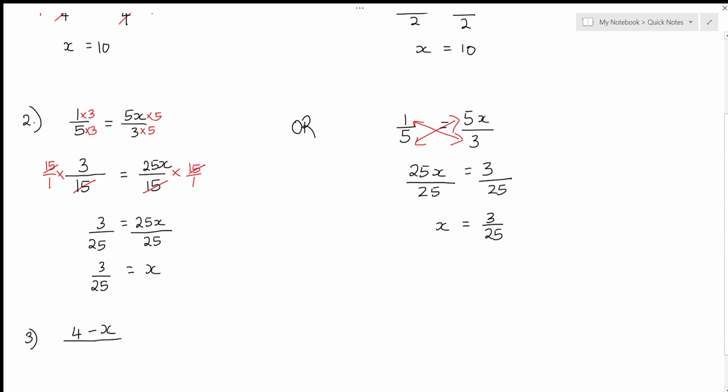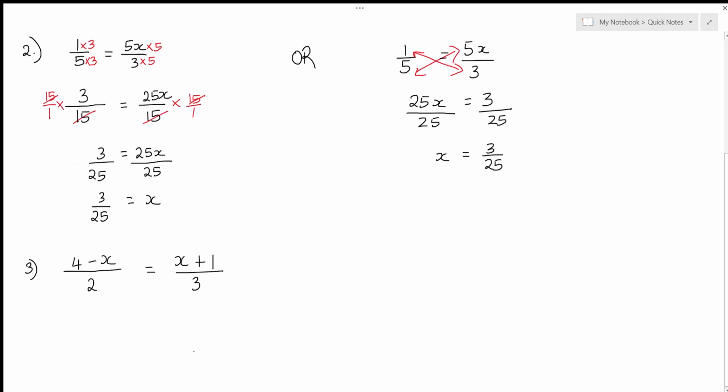So 4 minus x over 2 equal to x plus 1 over 3. If we look at a sum like this, we're going to say, okay, what's my lowest common denominator here of 2 and 3?